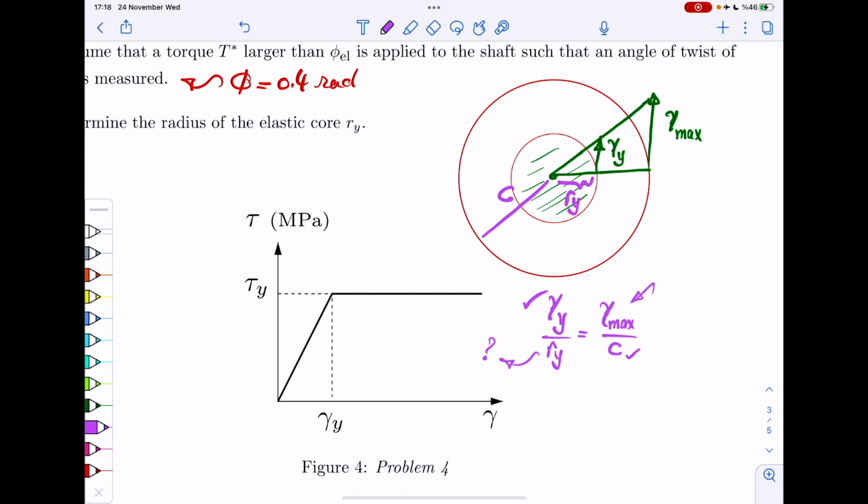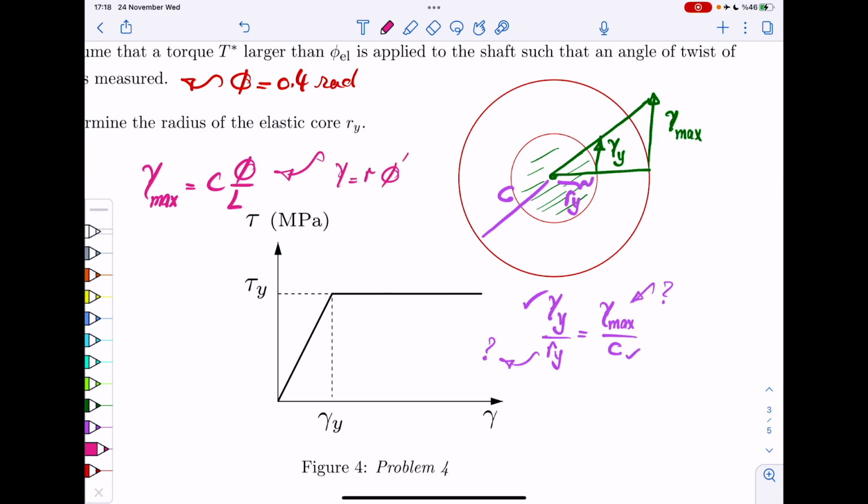We yet don't know what gamma max is, but we know we are going to twist it with phi of 0.4 radian. Now, you should remember the relationship that we had before, that gamma max is c times phi divided by L. Or if you remember, this was more like gamma equals r phi prime.